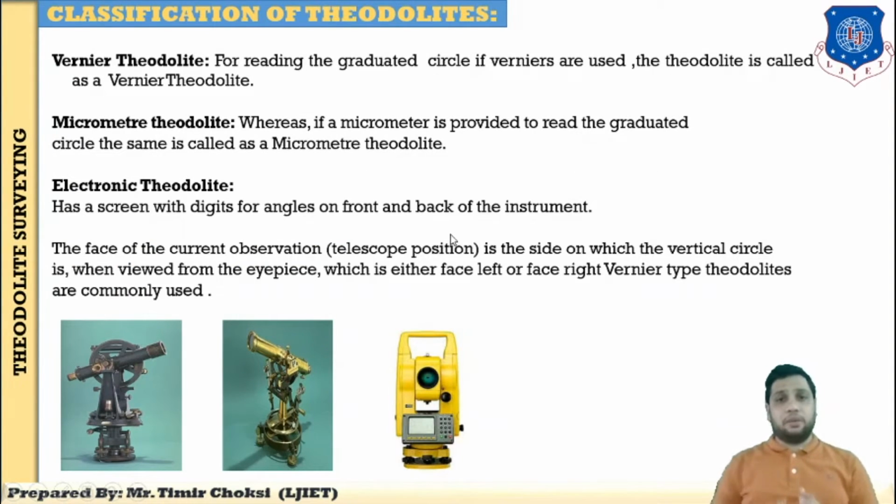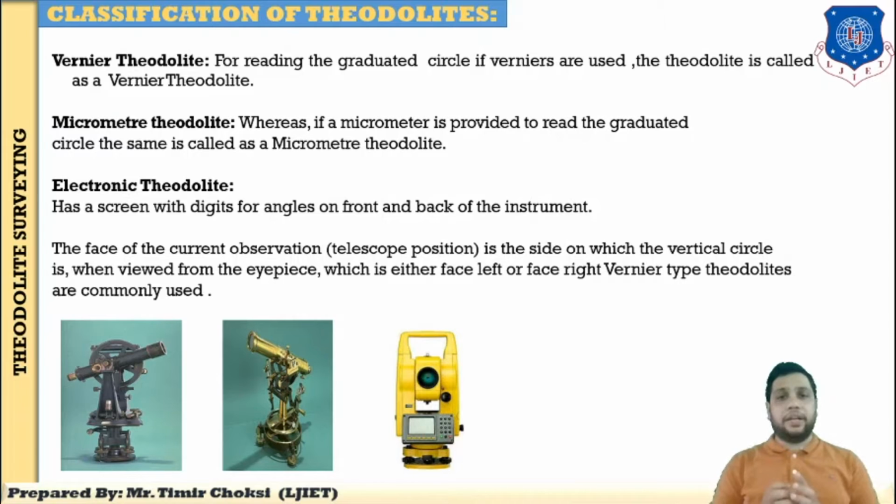Now, classification of theodolites based on arrangement. You know that after taking the observation or measuring the angle, finally you note down the reading. So here are the different types of theodolite available on the market. One is the vernier theodolite: in this type, if a vernier is used for reading the graduated circle, taking the reading from the vernier, it's called the vernier theodolite.